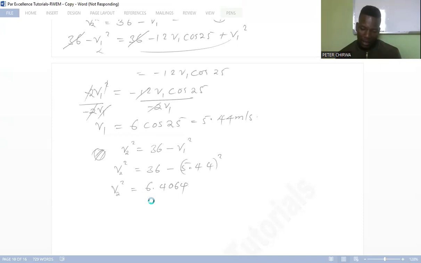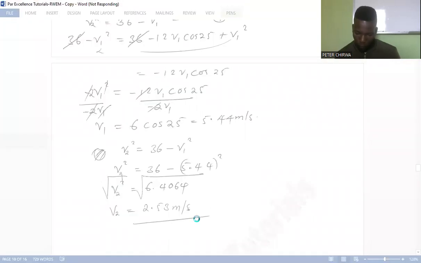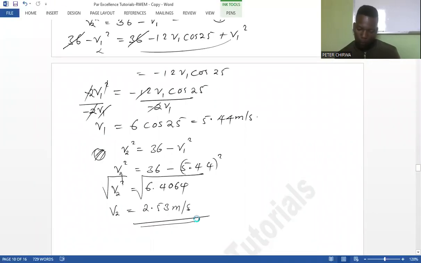So what do we get when we square root both sides? So that is our v2.